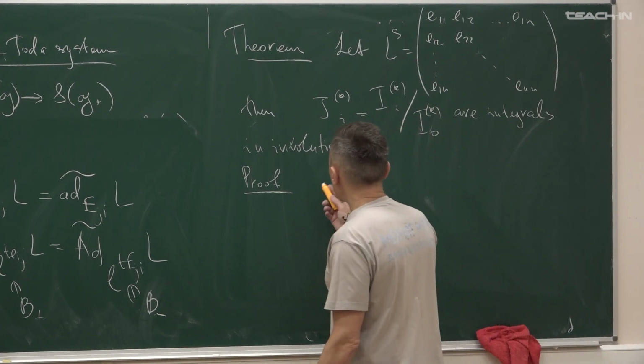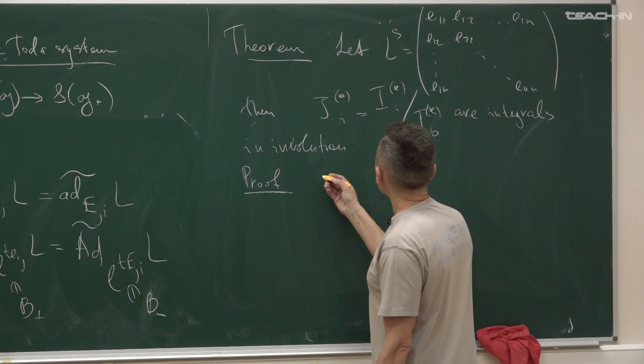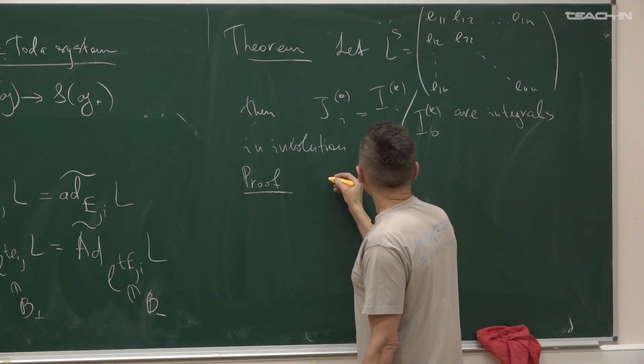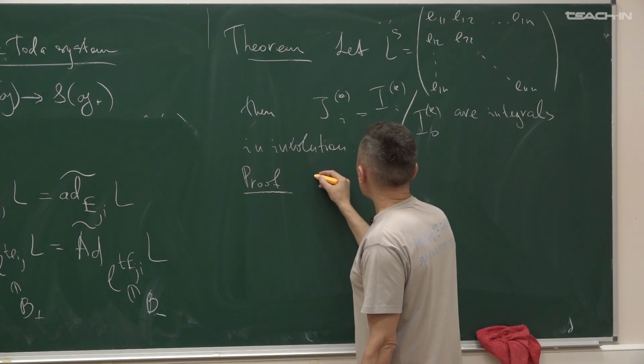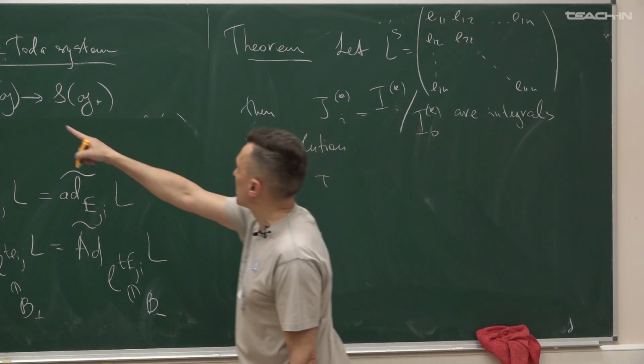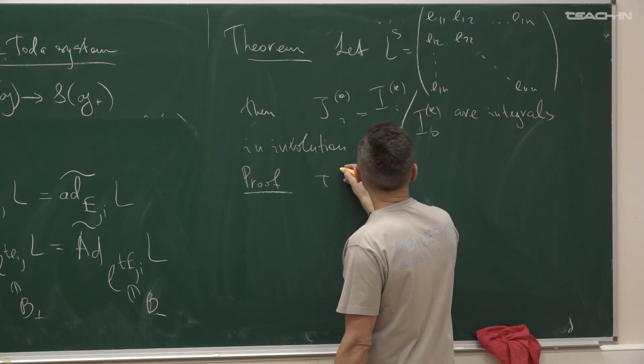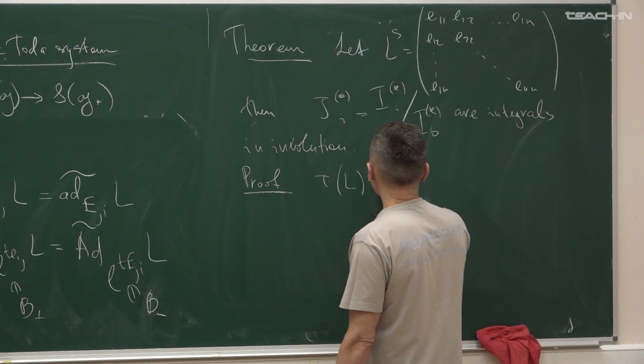And the principal part of the proof is to show that, remember tau, this projection. Tau of L is Ls.